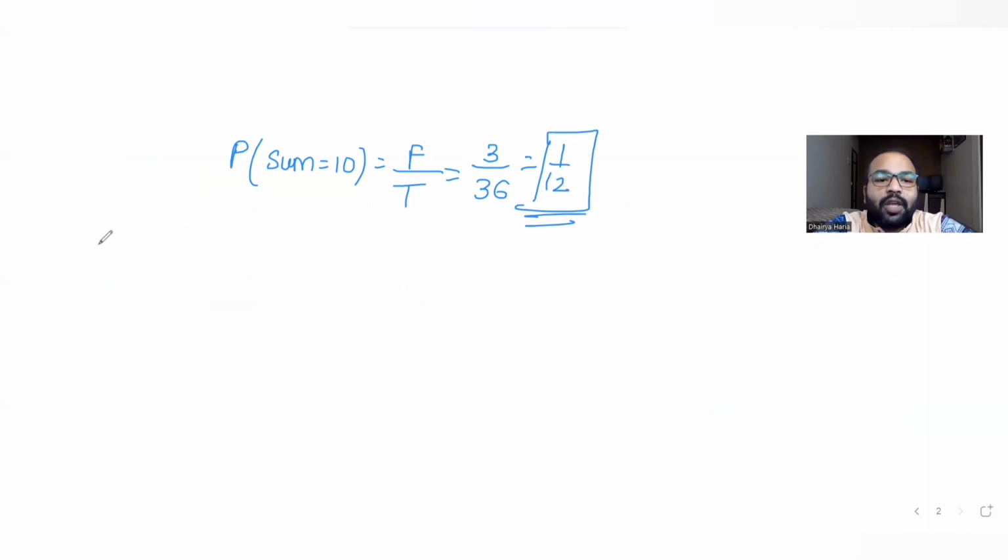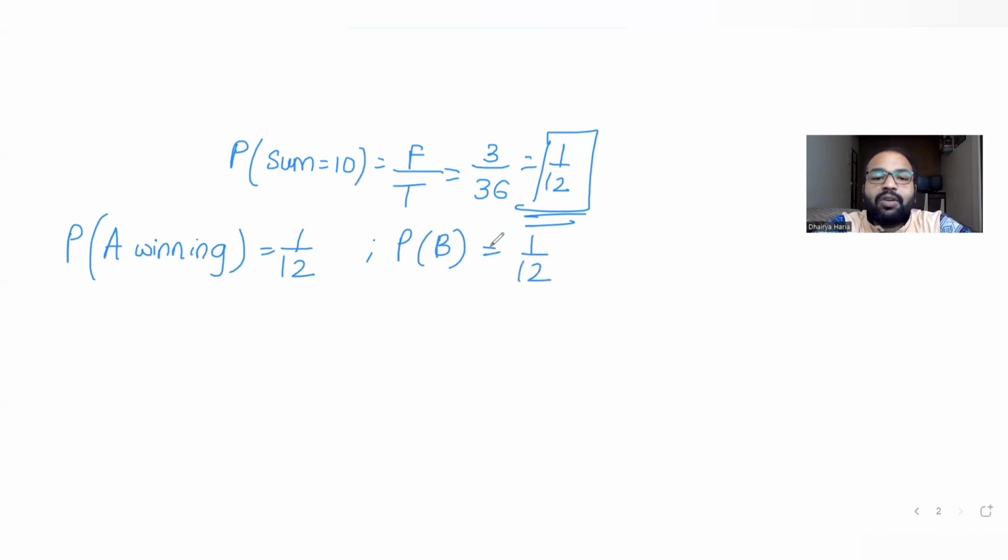So probability of getting the sum as 10 is 1 by 12. If one of them wants to win the game, the probability of A winning the game is nothing but equal to the probability of getting the sum as 10, so it is 1 by 12. Similarly, probability of B winning the game would also be 1 by 12, because if he gets the sum as 10, B wins the game.